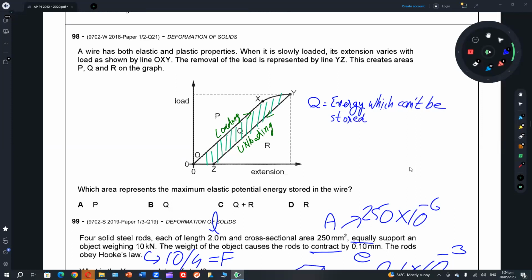Q is equal to the energy which cannot be recovered. What is Q? What is R?